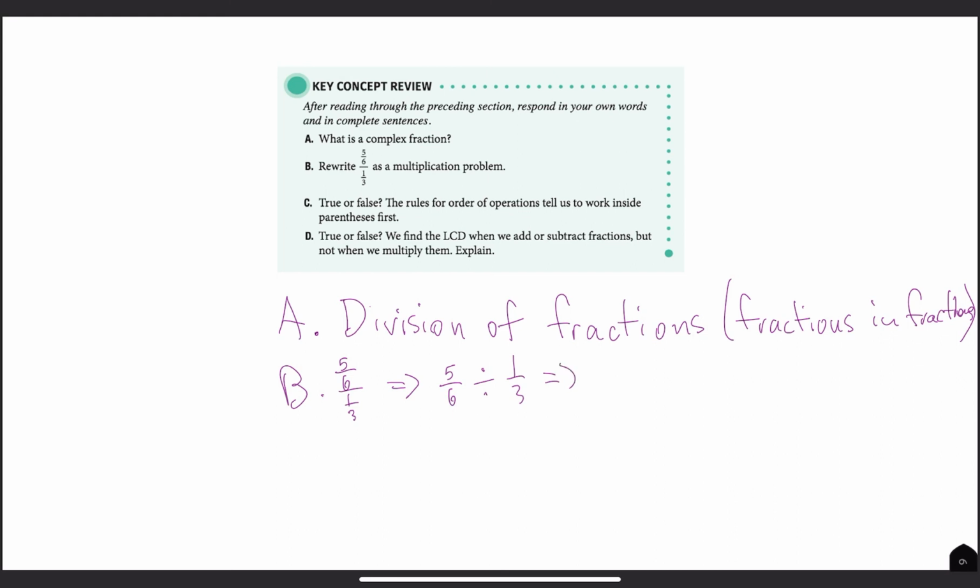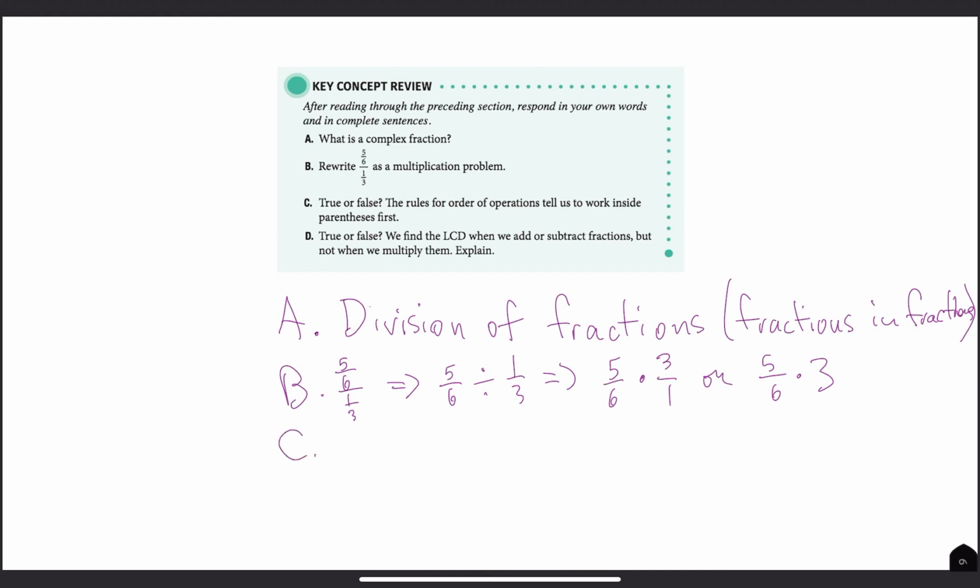And then we can multiply by the reciprocal. And you could write it like this, or you could have written the 3 as a whole number, and both would be acceptable. You don't have to do the math, I just want you to write it as a problem of multiplication.